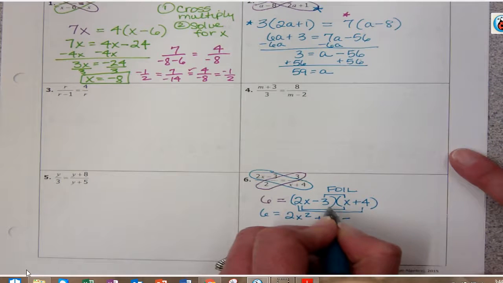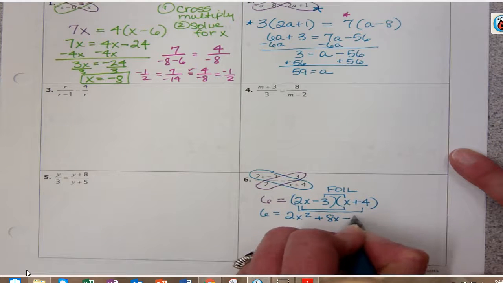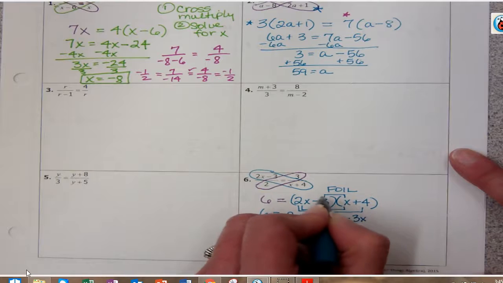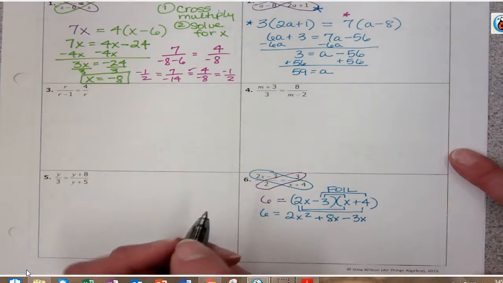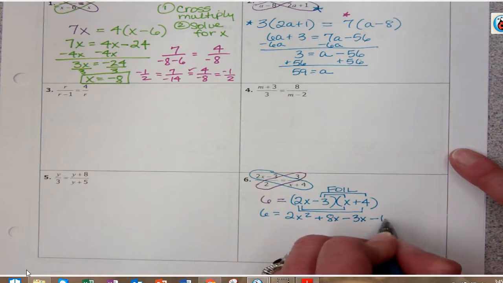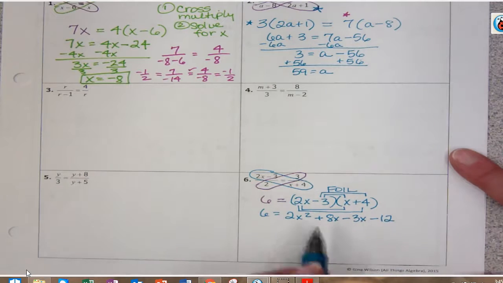My inside, 3 times x, is going to be negative 3x. And my last is going to be negative 12. So all I've done is make sure that I've multiplied 2x times both of these numbers and 3 times both of these numbers.